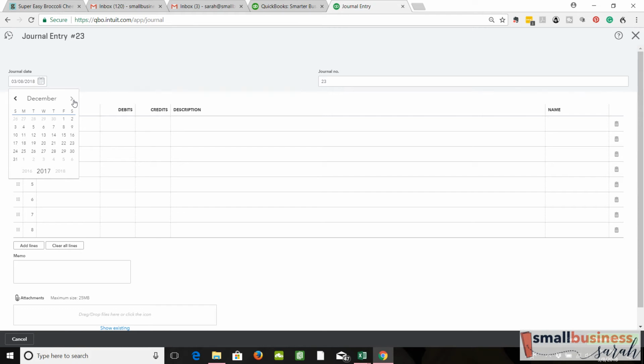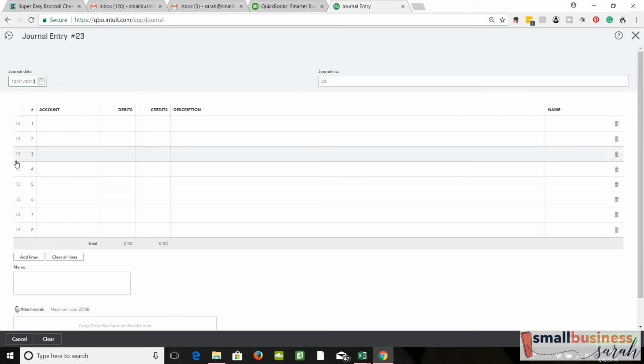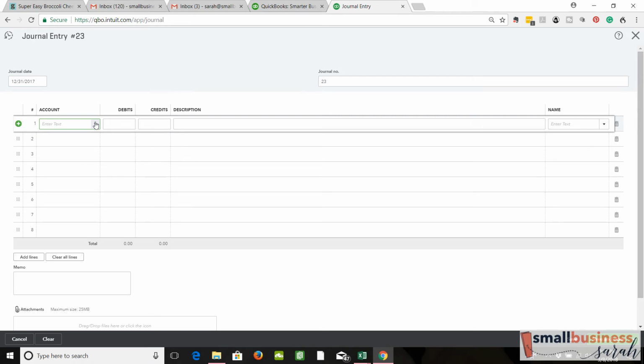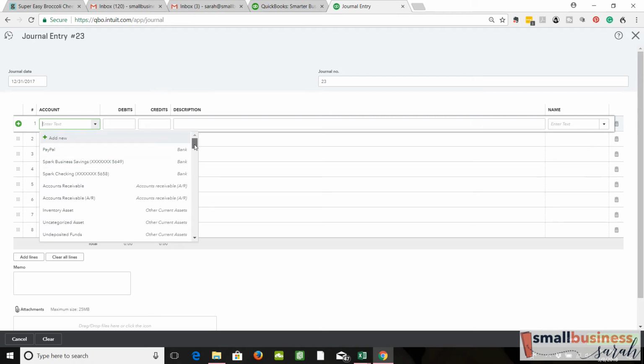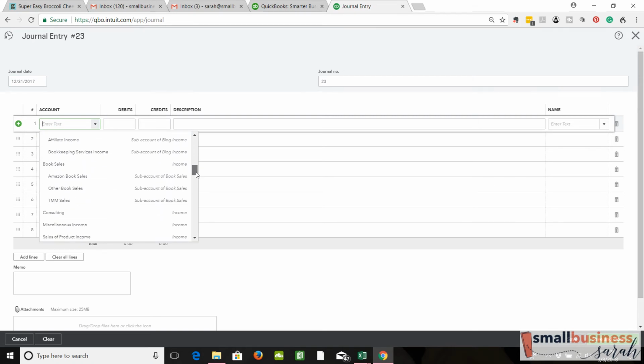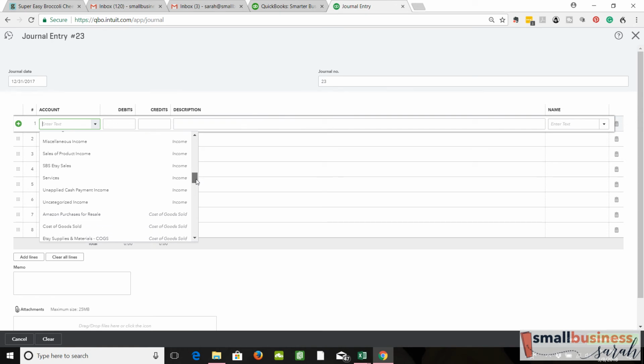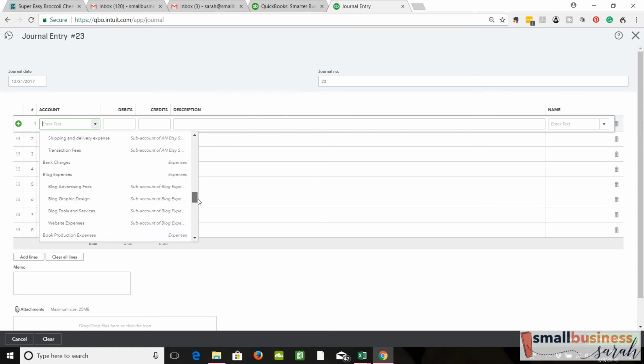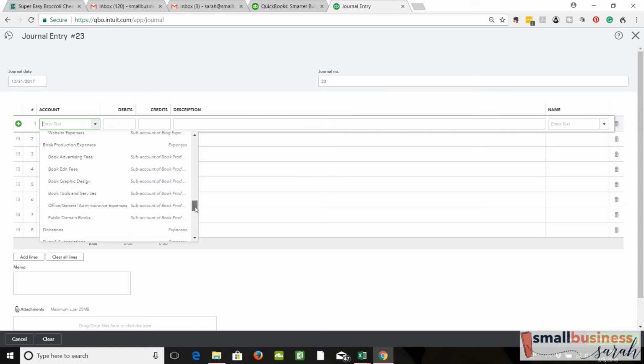So kind of like an end of year entry type thing. The expense account I'm going to hit is my mileage expense account, which I think I created an account called mileage. You can do that on your chart of accounts screen.